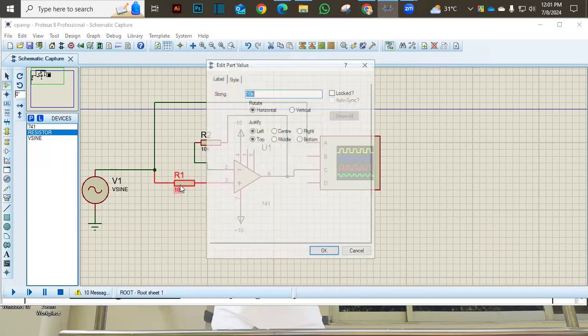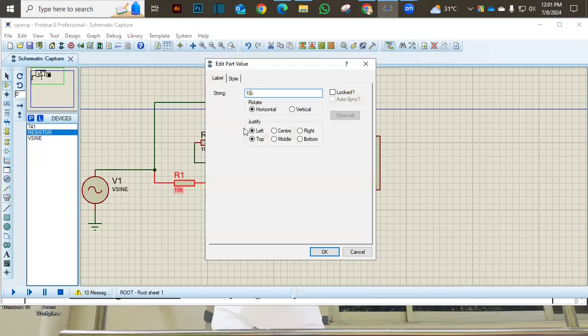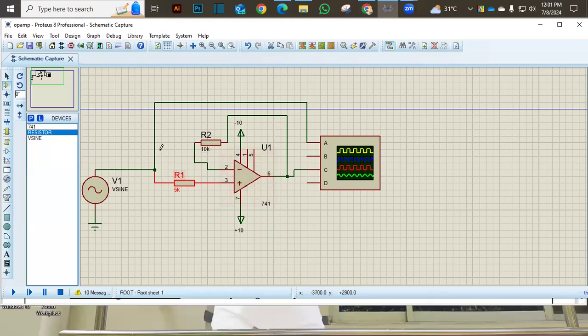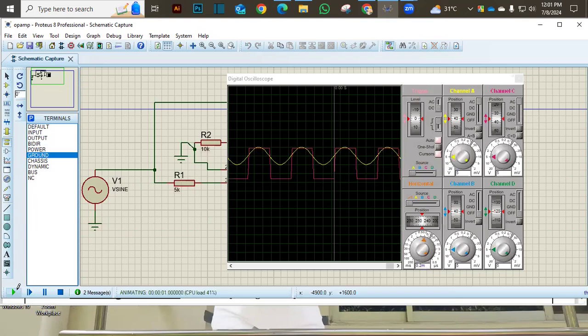We set the value approximately 5 kilo ohm, and we need a ground connection at terminal 2. Now we see what is going to be found here.